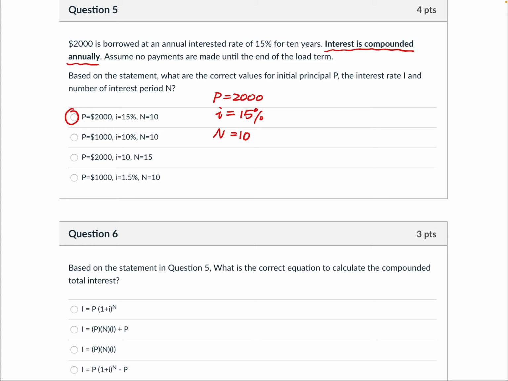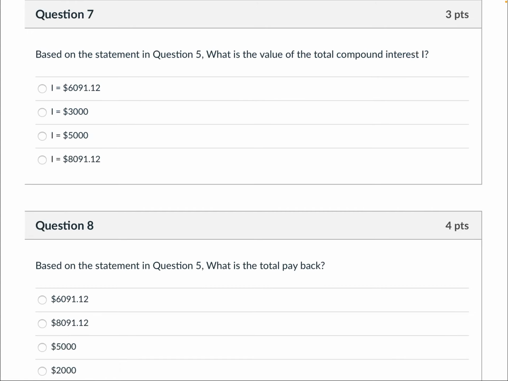And what is the formula for compounded interest? It should be this one. Okay, and so if you chose the correct formula, that interest will be P times (1 plus i) to the power of n, minus P. And you substitute the letters with the numbers: 2,000 times (1 plus 15%) to the power of 10, minus 2,000.